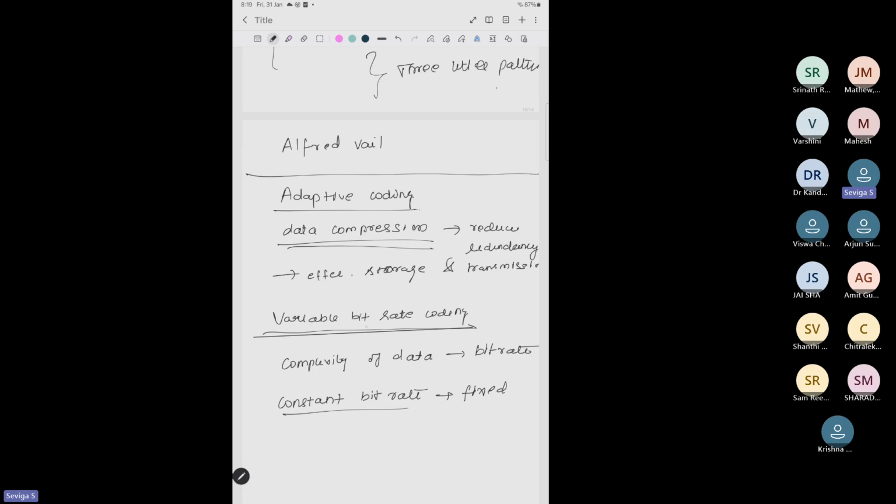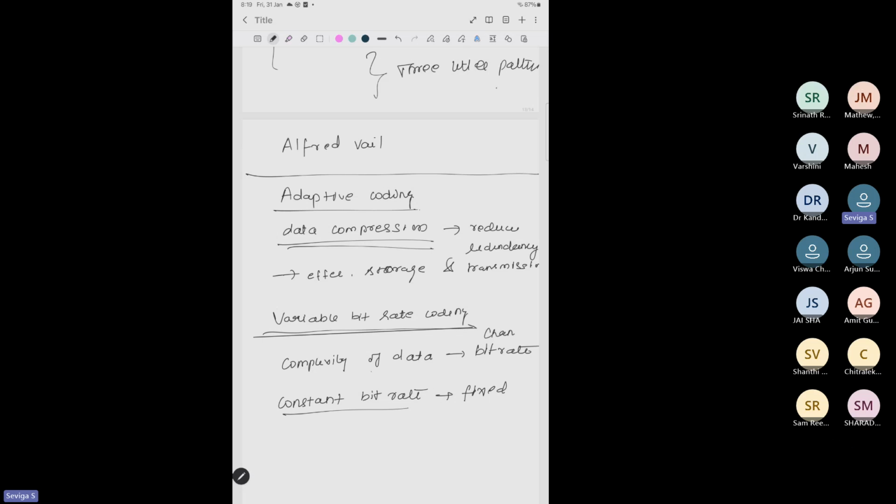But variable bitrate means, based on the complexity of the data, we can change the bitrate. An example is, suppose you are sending a video, and the video has a lot of frames. If frames contain a lot of motion, then we can have a higher bitrate for it. If the frames have static pictures, then we can keep a lower bitrate. If you are transmitting a song, for high frequency we can keep a high bitrate. For silence or low frequency, we can use a lower bitrate. So that is how variable bitrate coding is used.